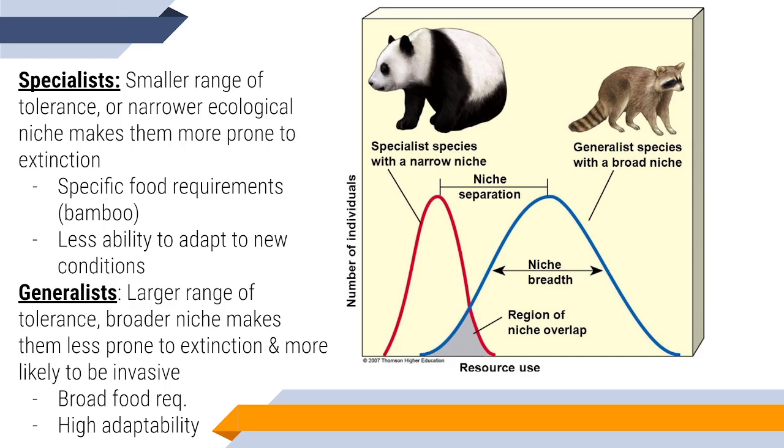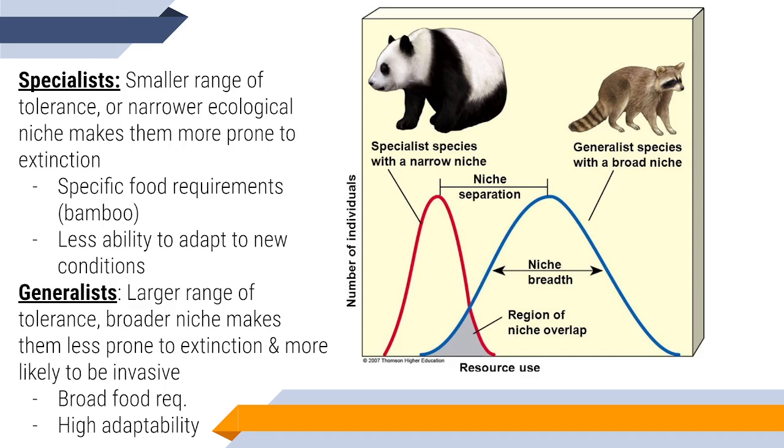As the name suggests, generalists have a larger range of tolerance and a broader niche in their ecosystem. Specialists do not. They have a smaller range, typically more prone to extinction given if something happens to one of the things that they require, whether it's food or habitat.